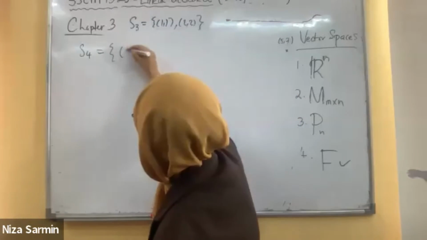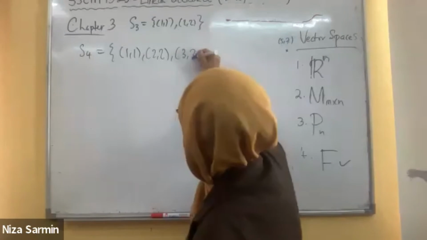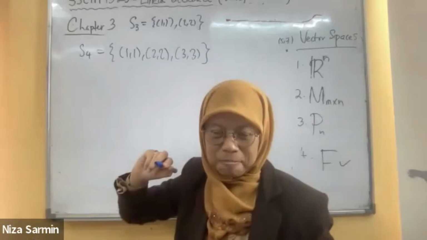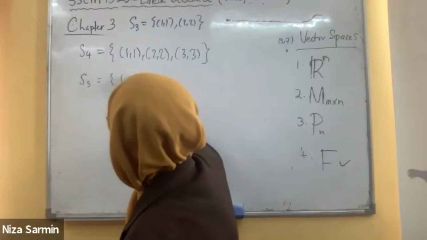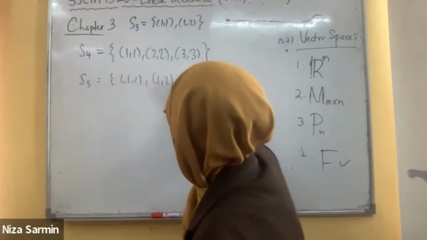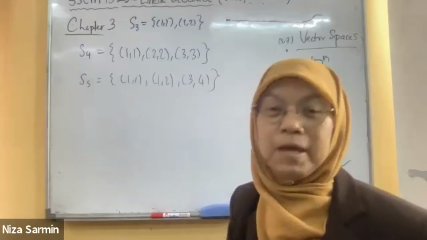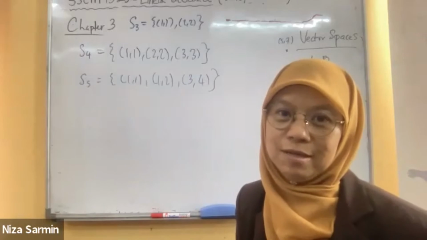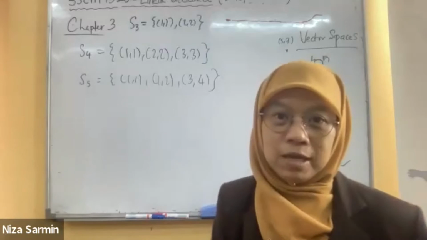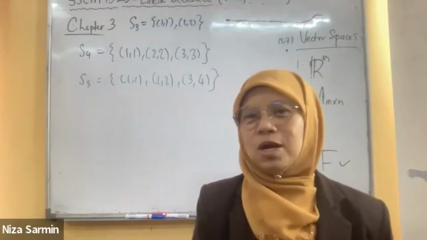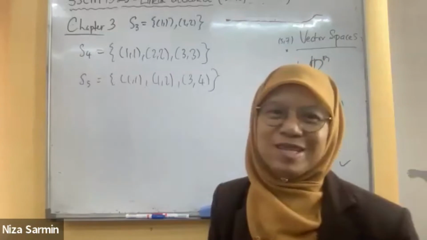Number 4, I give you this. More than 2, but still multiple. And number 5, I give you more, but not all multiple. So you remember the spanning is you take (x, y), you want to get C1, C2, but this one has to be C1, C2, C3.